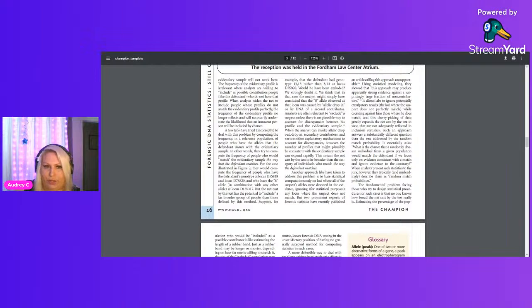For the case illustrated in Figure 2, they would compute the frequency of people who have the defendant's genotype at locus D5S818 and locus D7S820, and who have the 8 allele in combination with another allele at locus D13S317.